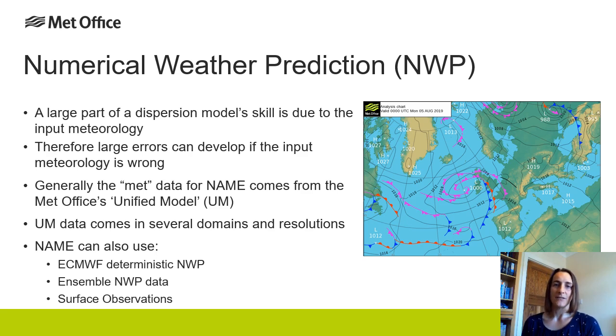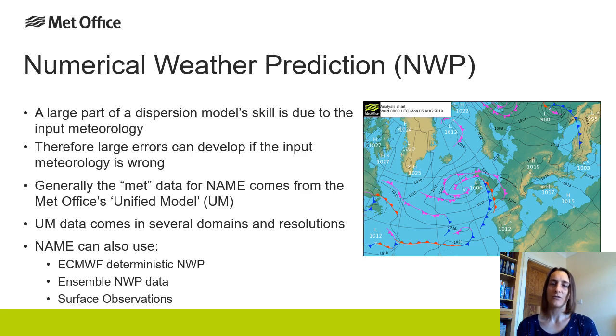Increasingly, the quality of NWP data from all global centres is improving massively, and so the quality of metadata today is much better than the quality of the data that we had 10 years ago, and a large part of this is due to increased observations from satellites, but also increases in the physics that are going into these models.